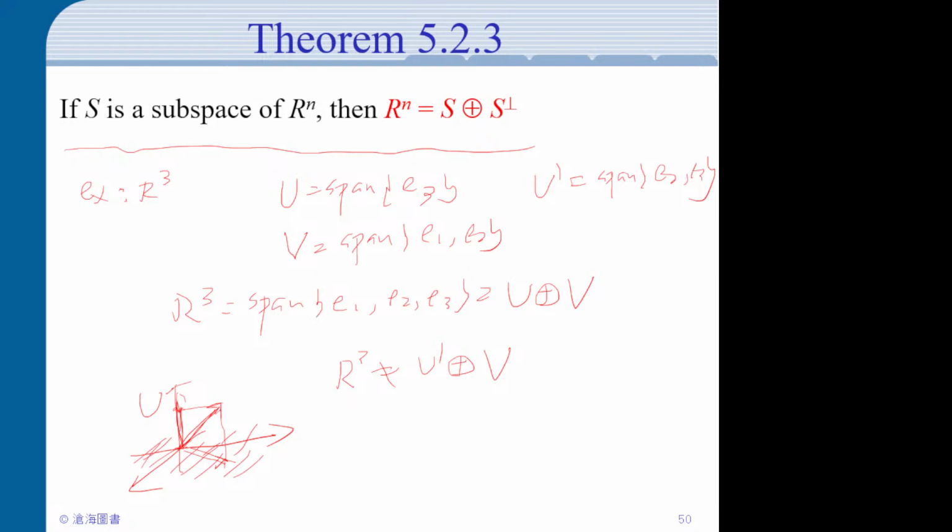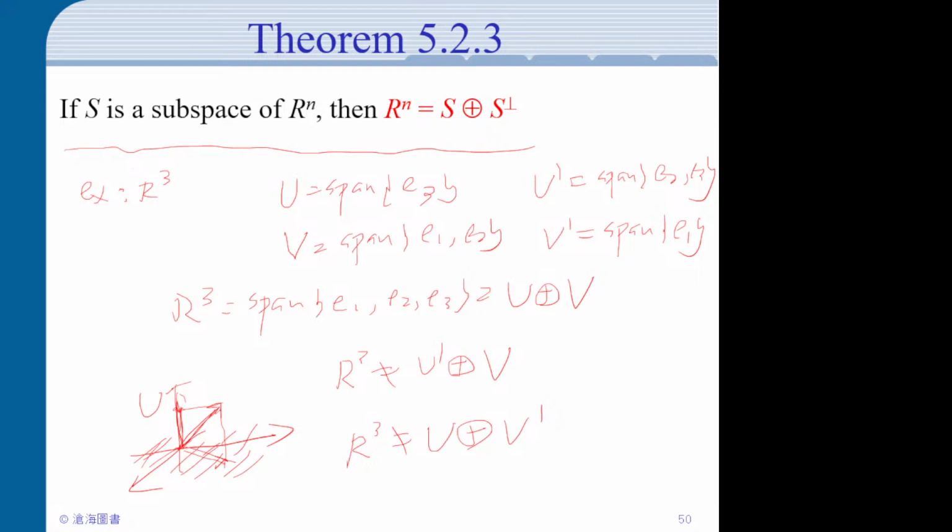And then if you want to lose the whole thing, let's say you have a V prime here, which is a span of just E1. Okay, and then you also have that R3 is not equal to U direct sum with V prime.